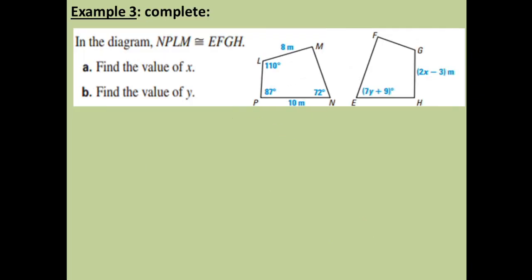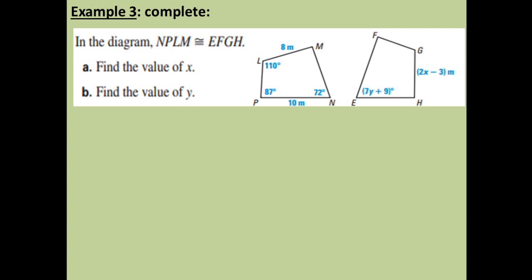Another example: in the diagram NBLM is congruent to EFGH, find the value of x and the value of y. We have a polygon with the measure of angle L equal 110, the measure of angle B equal 87, angle N measure equal 72, and we have BN equal 10 meters, LM 8 meters.